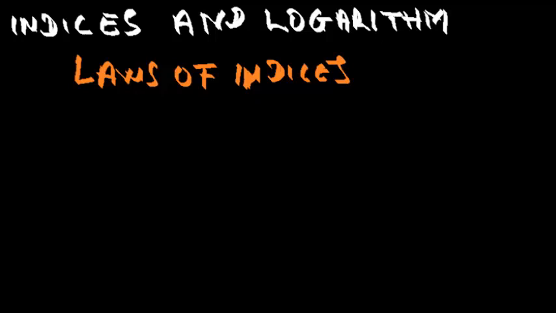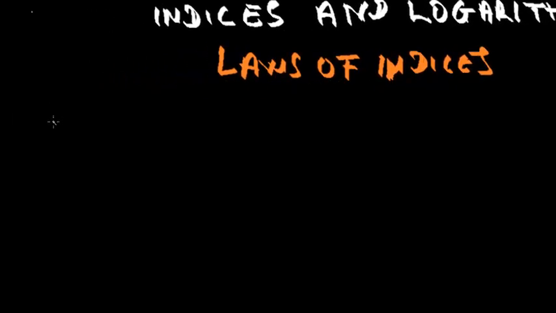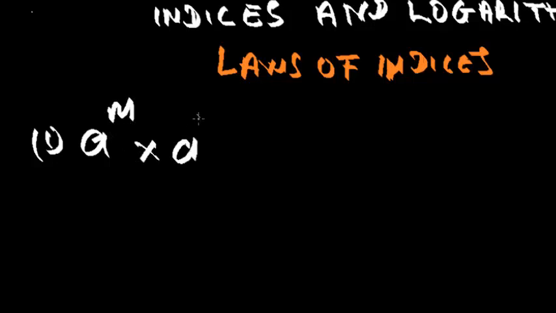Once you understand how the laws work, then you can apply them anytime that you want to. So our first law of indices, law 1, is saying that a exponent m multiplied by a exponent n gives a exponent m plus n.